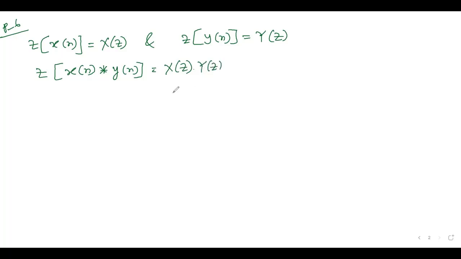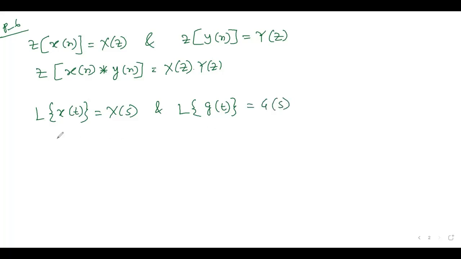As before, for Laplace transform, we know if Laplace transform of xt is xs and Laplace transform of gt is gs, then Laplace transform of xt convolution gt is equal to xs into gs. Now, what is convolution in time domain?